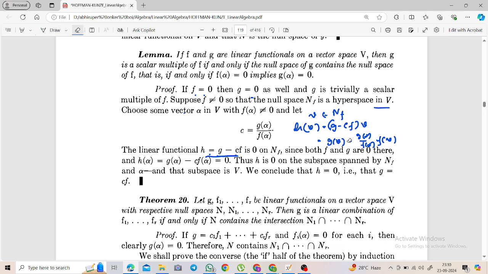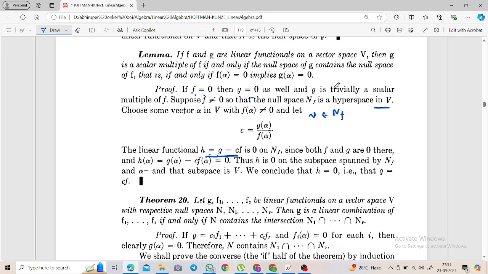G is some k into f. So if v is in N_f, then g(v) is also 0. Since both f and g are 0 there, hence h(alpha) is g(alpha) minus c f(alpha), which equals 0.